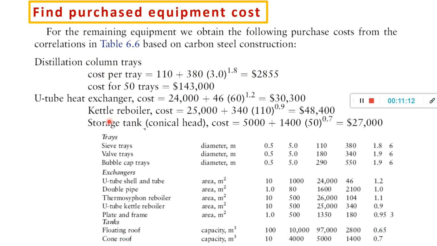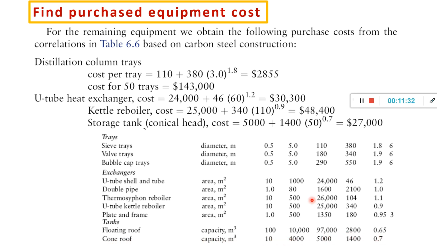So if the detailed information is not mentioned, we look at the capacity. Here the capacity is 50 meter cubic, that's why we pick this cone roof, which is in the range of 10 to 4,000.